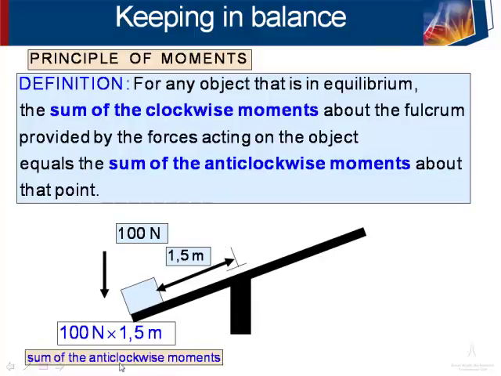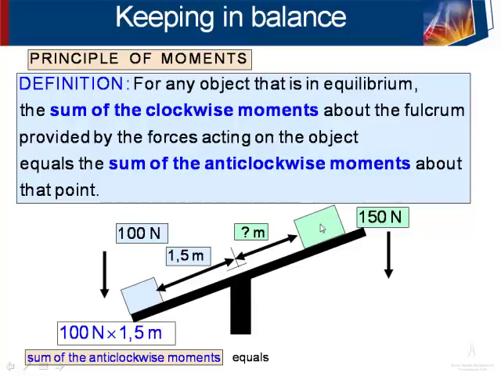So the sum of these anti-clockwise moments, if this whole system is in equilibrium, will equal, on the other side of the lever, the force going down of 150 newtons and the distance from the fulcrum. Remember, this is the clockwise moment, and this side of the lever will equal that side of the lever.